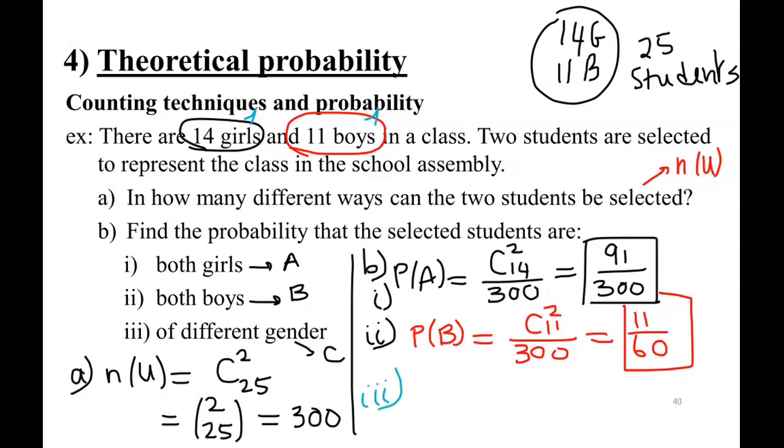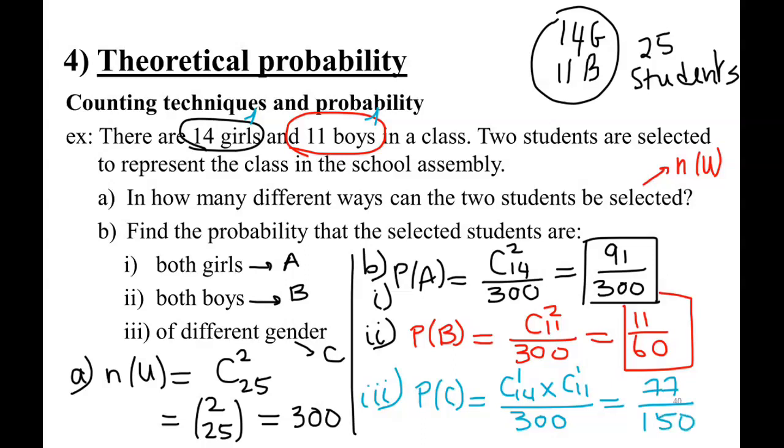Therefore, for part I, the probability of C is basically the combination of 1 out of 14 multiplied by the combination of 1 out of 11 divided by 300, which is the total number of possible outcomes, which simplifies into 77 out of 150. So the probability of choosing a group of one boy and a girl is 77 out of 150.